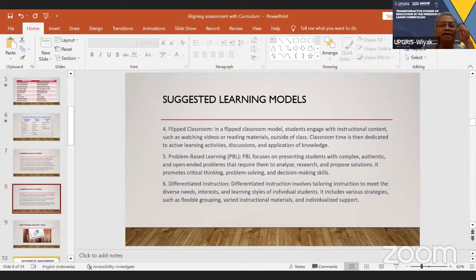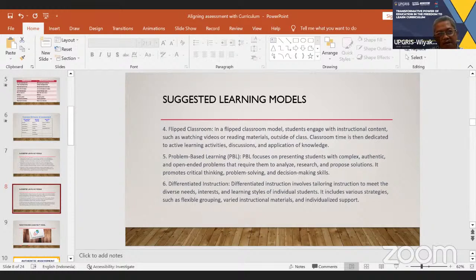Okay, so these are the learning models suggested by the new curriculum. Now, among the six models of learning, each will affect what kind of assessment is relevant to the model. It's not wise when we give a problem-based learning to our students, but then finally we give them tests in the form of multiple choice.